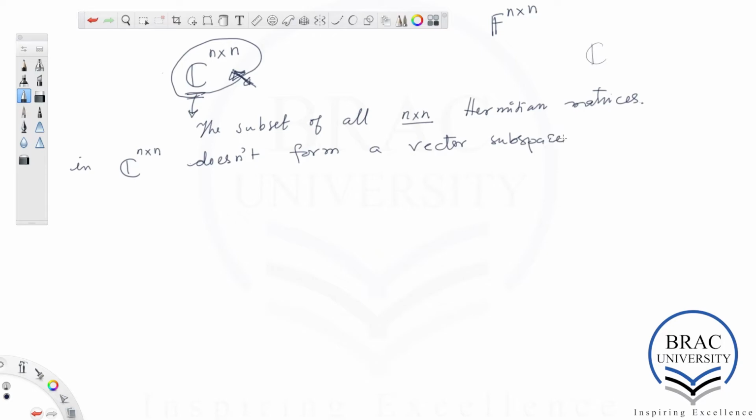Why? Remember that this vector space is defined over the ground field C. That's where the scalars take their values from, this field to be more specific.